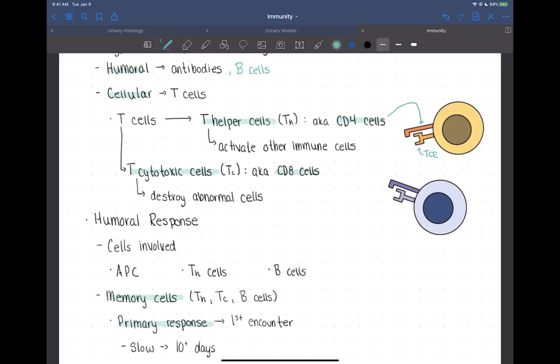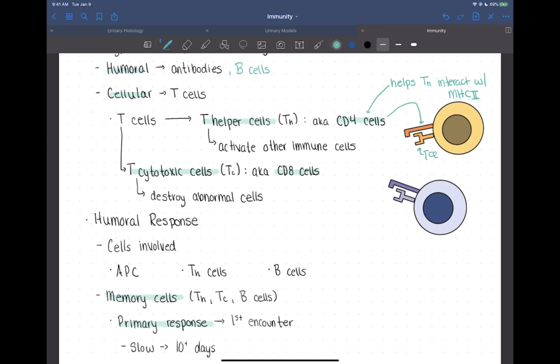So next to its T cell receptor, it has a CD4 protein, and that protein just functions to help the T helper cell interact with the MHC2. So that's the function of the CD4, and that is on T helper cells.